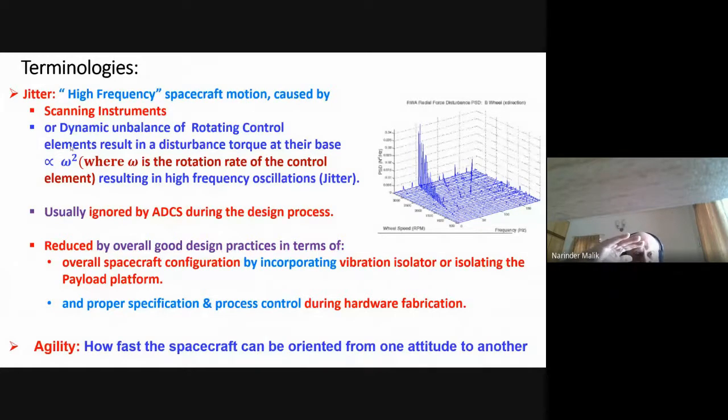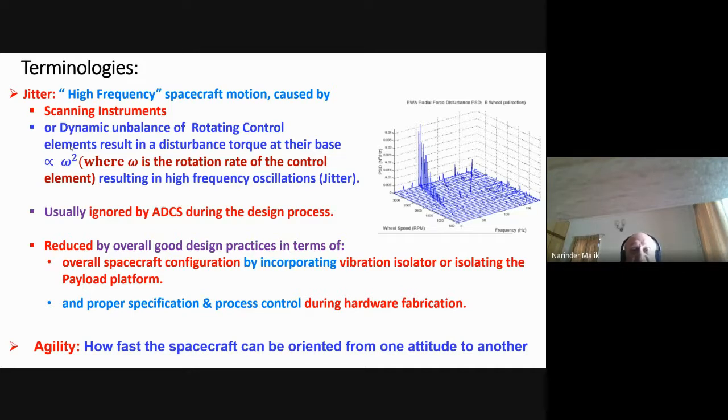But how much is the effect? The larger the mass of the body, the larger the inertia of the body, the lesser will be the effect, because of 1 over J s square or 1 over J omega square. So omega is 100, higher inertia, 1 over J into (2 pi 100) square. So that much.